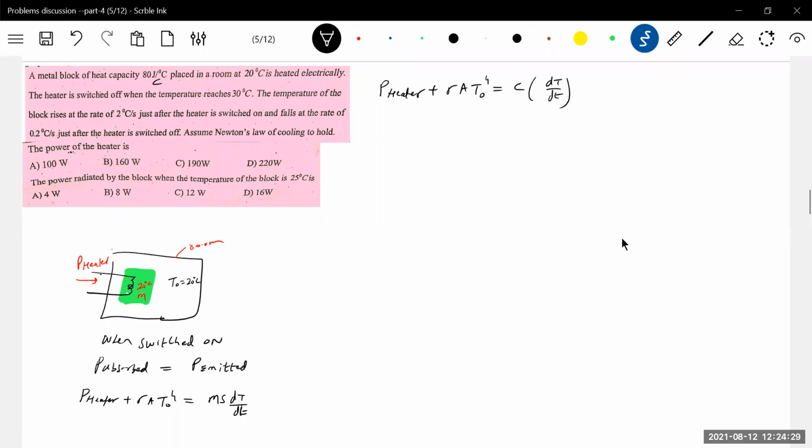We need sigma A, no? Let's write the equation and see where we end up.